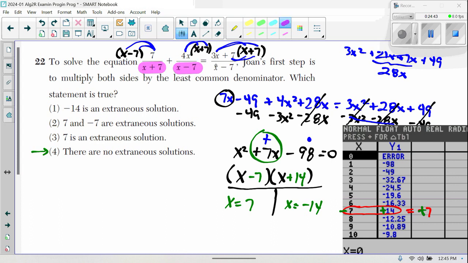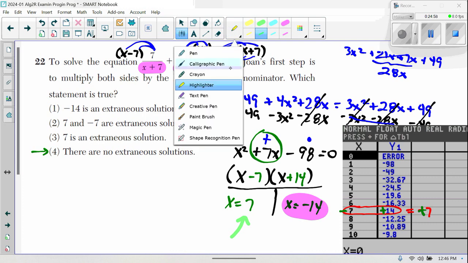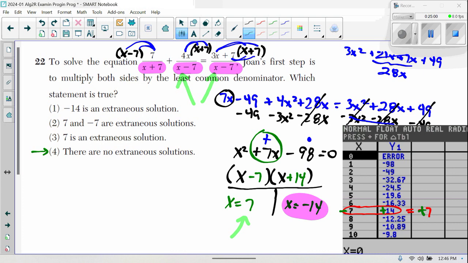If I put negative 14 into any of those denominators, I get a number. But what happens if I put a positive 7 here or here? Isn't positive 7 minus 7 0? This will not work. It will make my fractions undefined, and my problem won't work. So 7 is an extraneous solution.